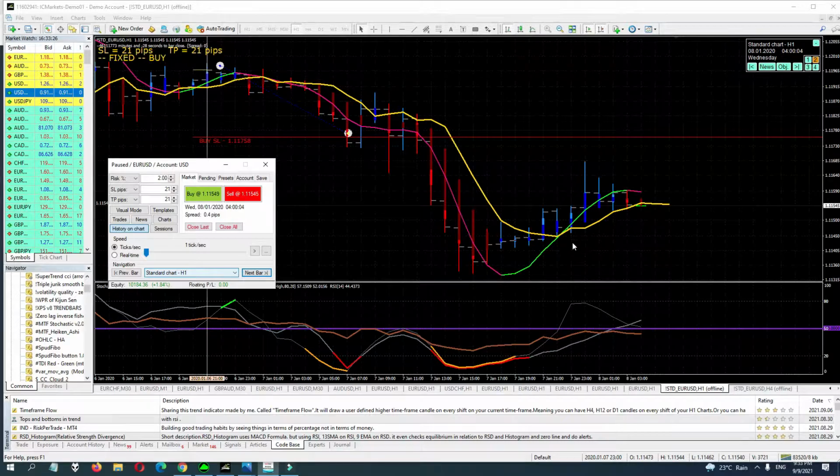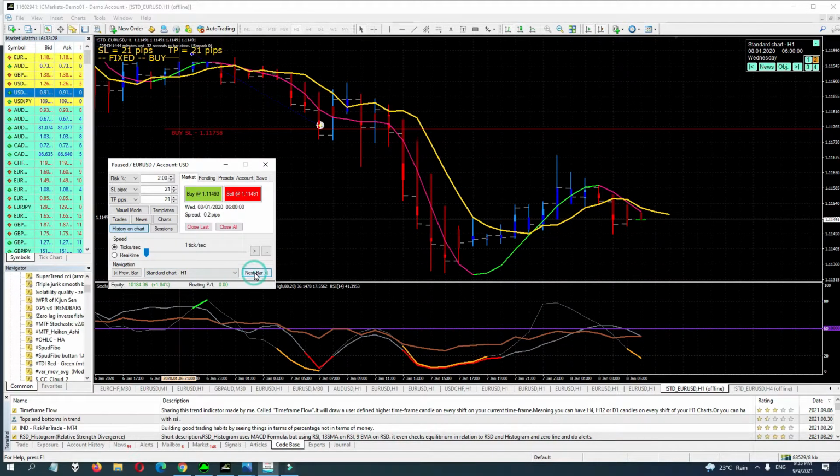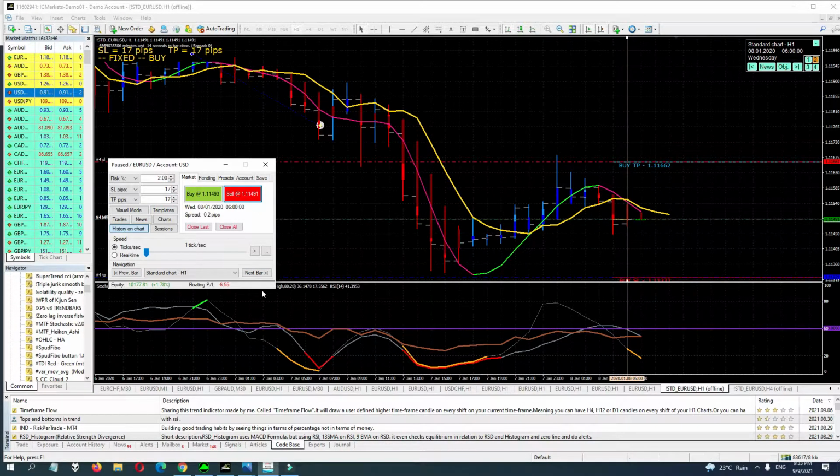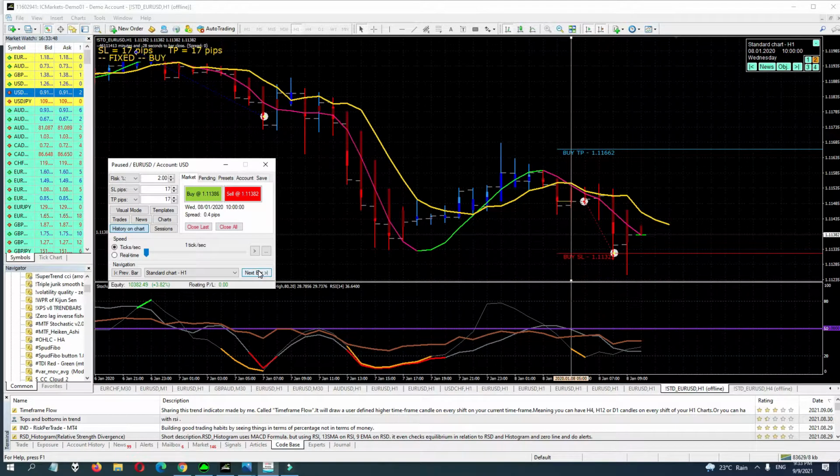Okay, we cannot enter here because we need all of them to align. Okay, cross. Yeah, I think we can take this. All of them below 50, so we can take this. Okay, we got it.